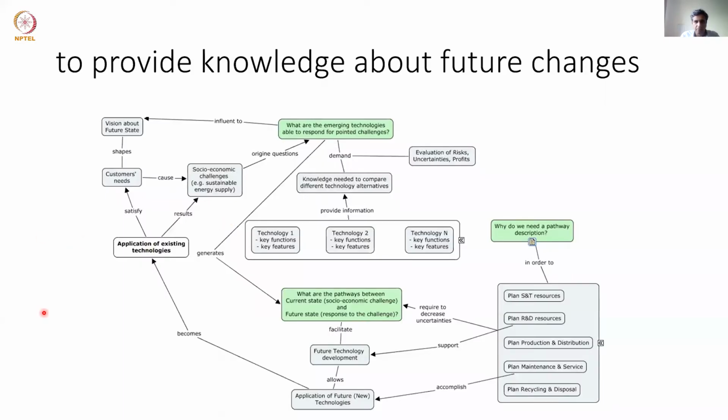Okay. Let us take an example with our mobility technology. Today, assume that we are living in the cities, and not only in the cities, we always have a need to move, to travel from point A to point B. And today we are using different technology for that.